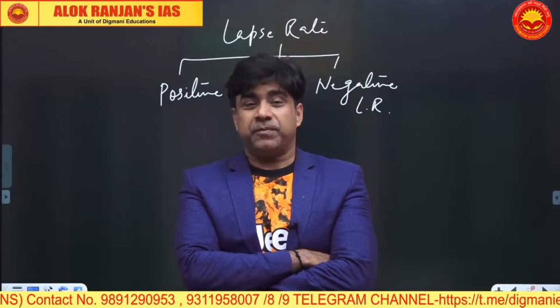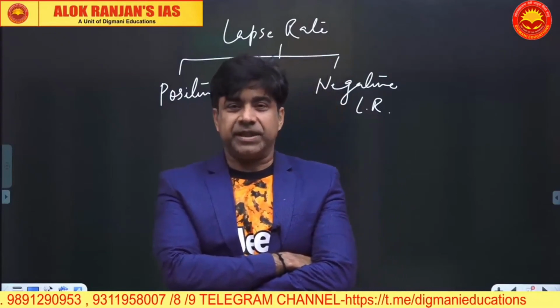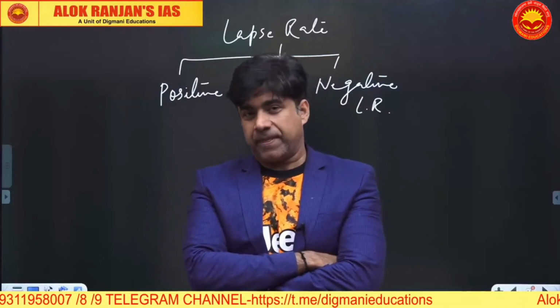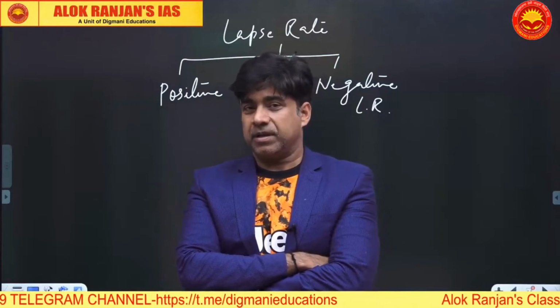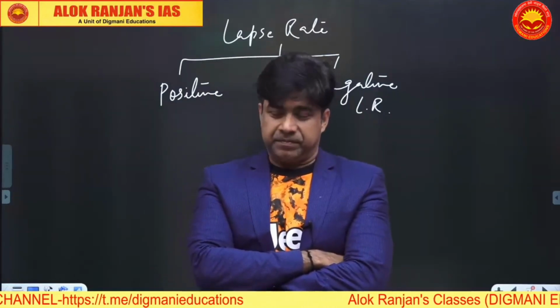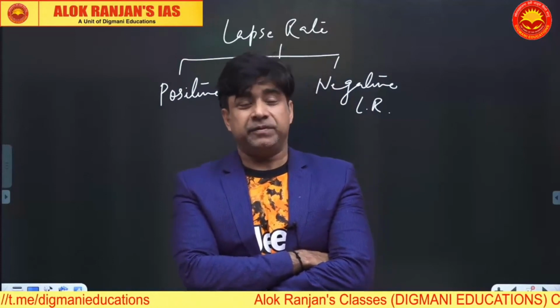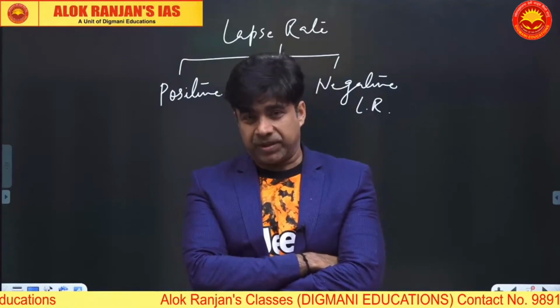Now, there are three factors which are generally quoted for the lapse rate found within the troposphere. Take the example of Himalayas. If you go to the peaks of Himalayas, there are freezing conditions. Why is it so?